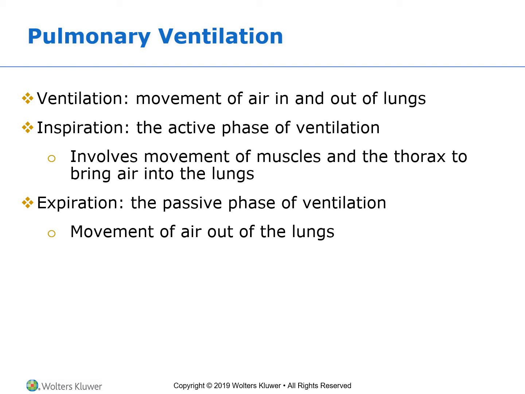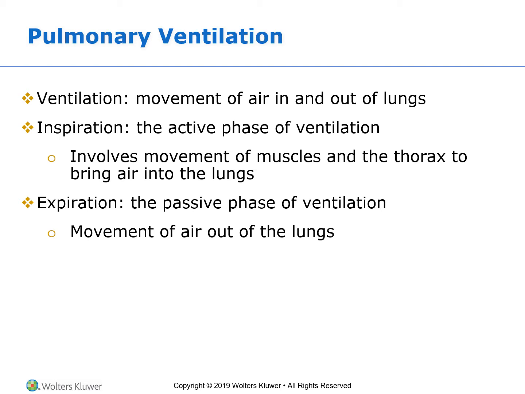This causes the chest to become larger from front to back. And the combination of those things will cause an increased lung volume, and it will cause a decrease in the intrapulmonary pressure. This allows the air from outside of the body, where there's a greater area of pressure, to be drawn into the lungs where there is less pressure. Okay, then the lungs relax or recoil after that part takes place.